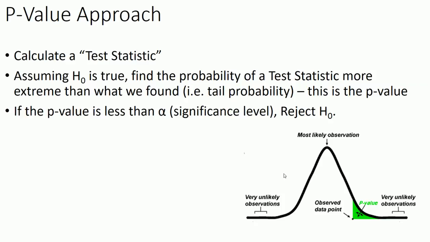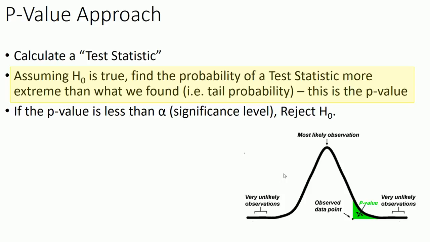So the alternative method, which really is just another way of doing the exact same thing, is called the p-value approach. Instead of getting rejection regions, we take our test statistic and calculate a probability. If the null hypothesis is true, that gives us a probability distribution for the test statistic. So we assume the null hypothesis is true.